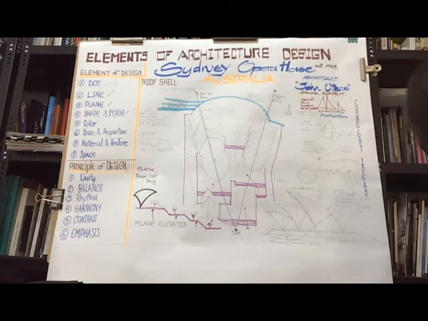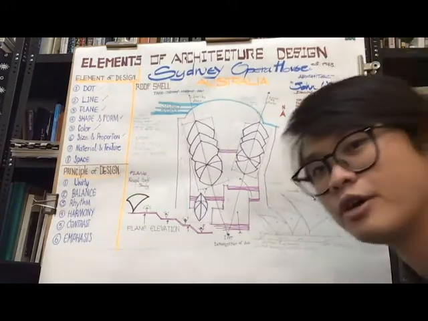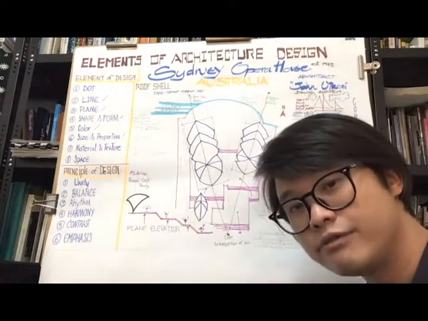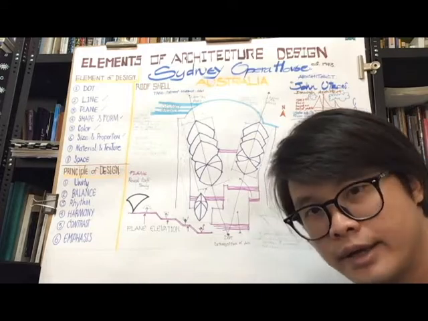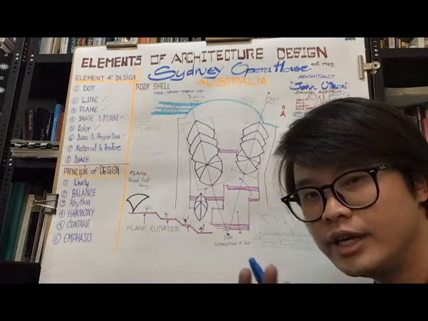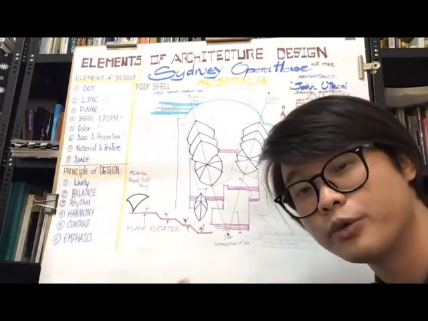Alright, the next one is there are lots of things to talk about the form and you can learn from the real project how they think, how they develop the form, and you can adjust to your work as well.